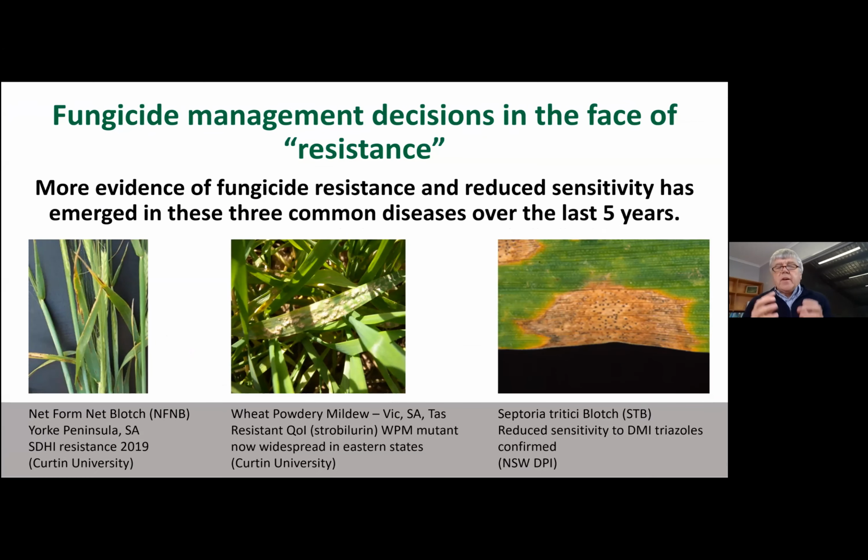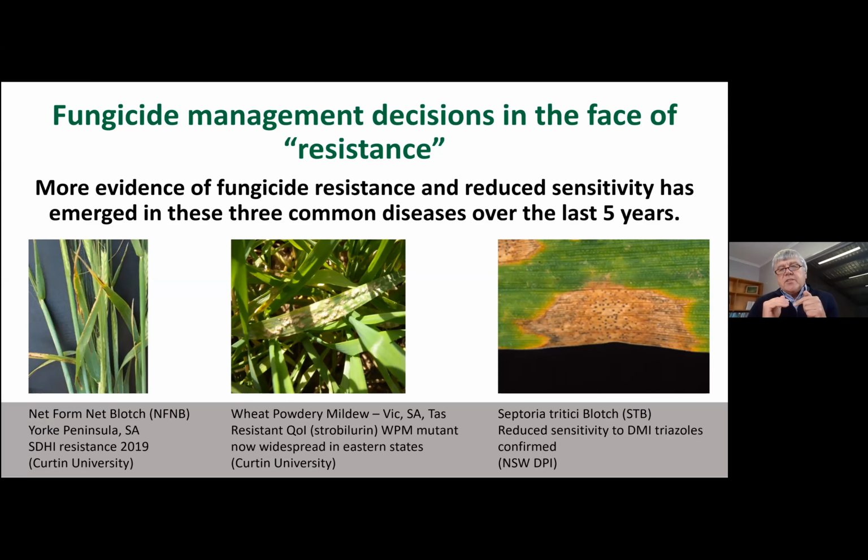And that is that the fungicide management decisions we make in the high rainfall zone around these three common diseases are the ones we need to be looking at in particular and just monitoring the performance of our fungicides, making sure that they work in the way we're expecting them to work.